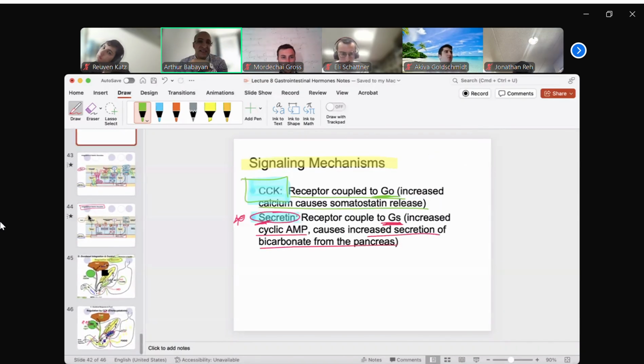What about CCK? CCK receptors couple to Gq, increase calcium, cause somatostatin release. Secretin receptor couples to Gs, increases cyclic AMP, causing increased secretion of bicarbonate from the pancreas.